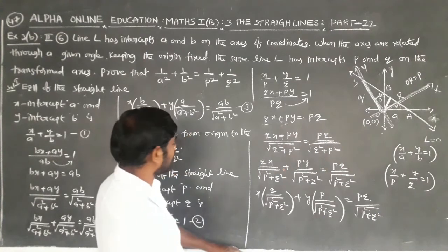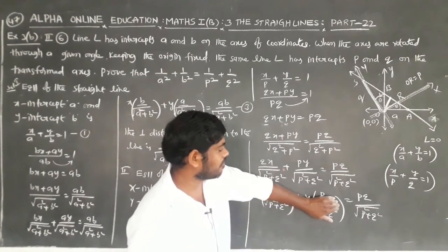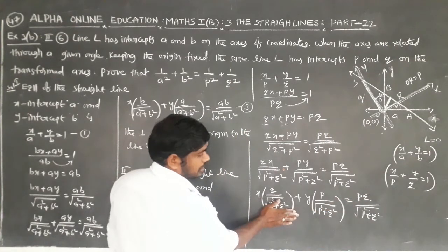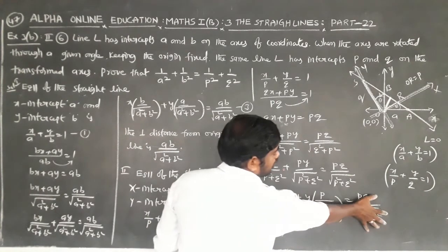This is of the form x cos alpha plus y sin alpha is equal to p.